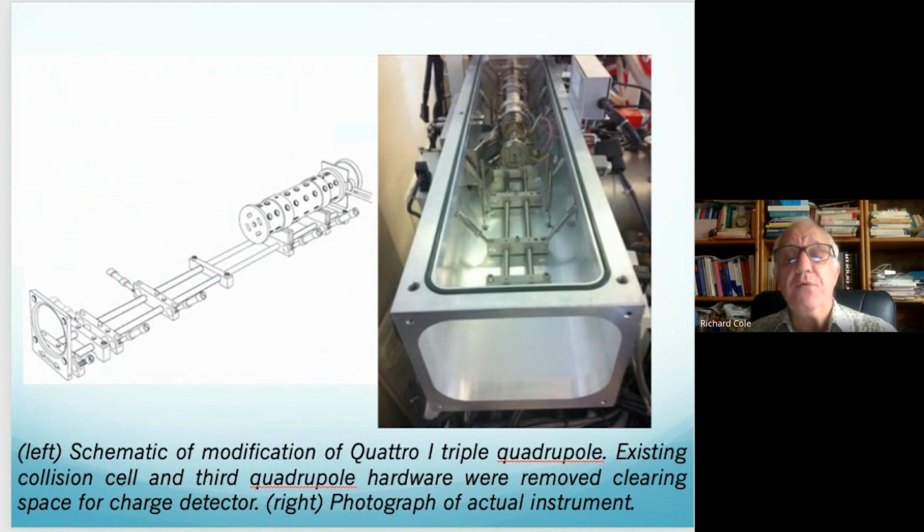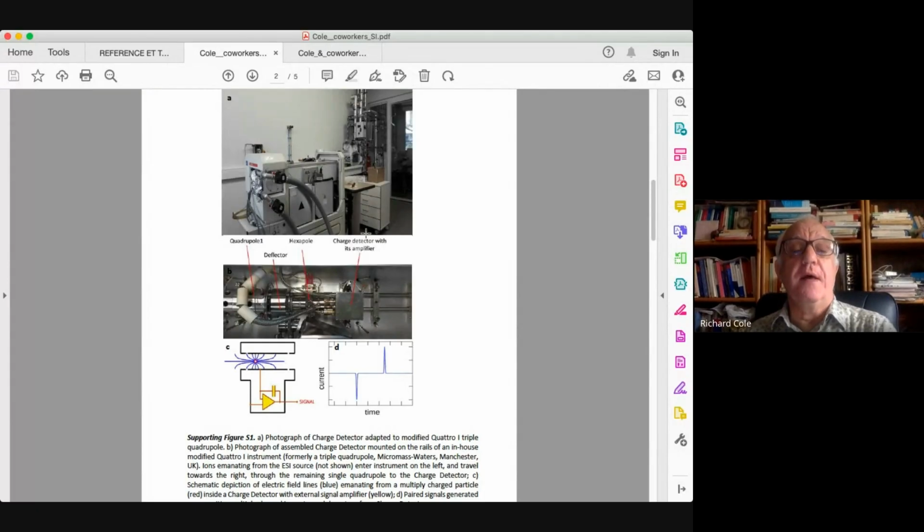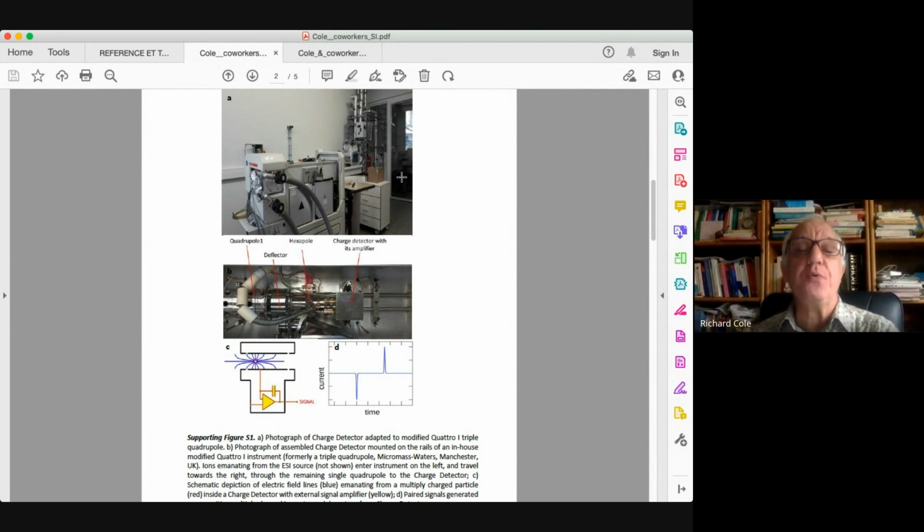Basically what we did was we took an old triple quadrupole and we removed the back quadrupole and the collision cell. And it's in this region here that we placed our charge detector. All right, so we've got a photo of the instrument here, the triple quadrupole, and this view here is looking straight down.